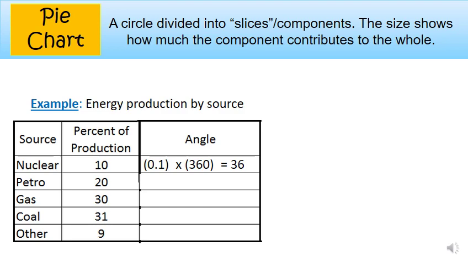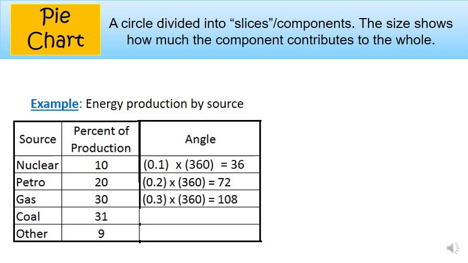It's 36 degrees. Then of course for the petro, 20% of the production comes from the petro source. So portion 0.2 of the 360 degrees, so times by 360 gives us 72 degrees are associated with petro.